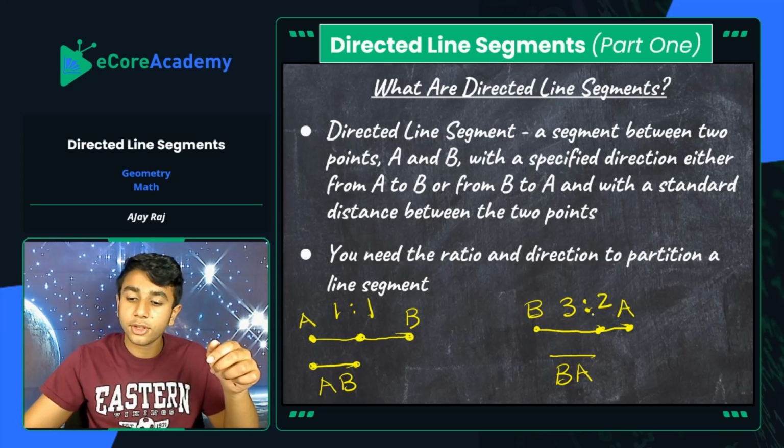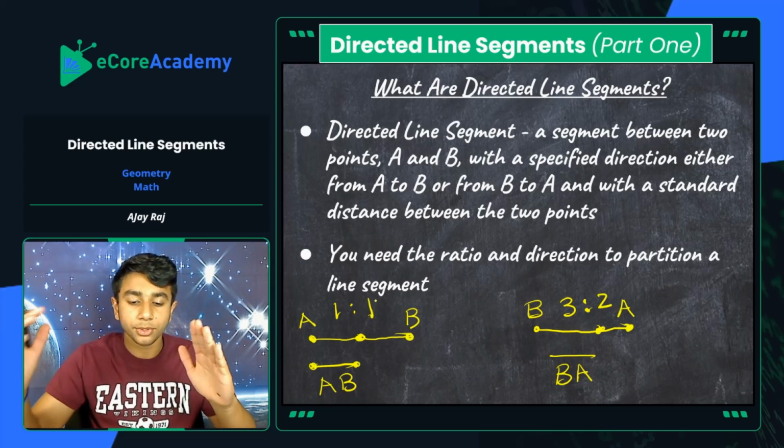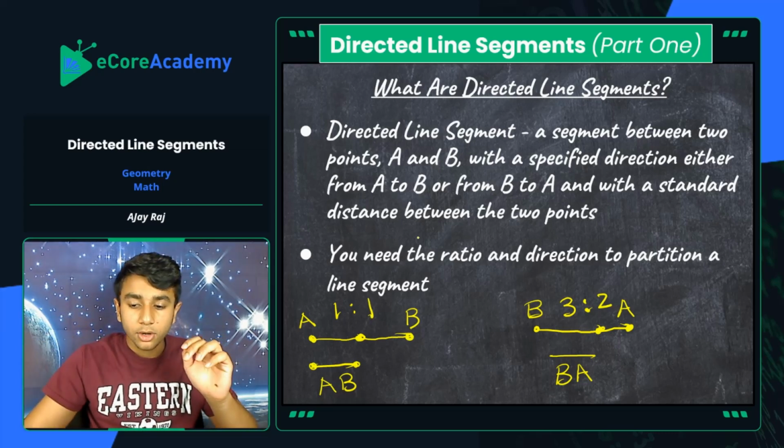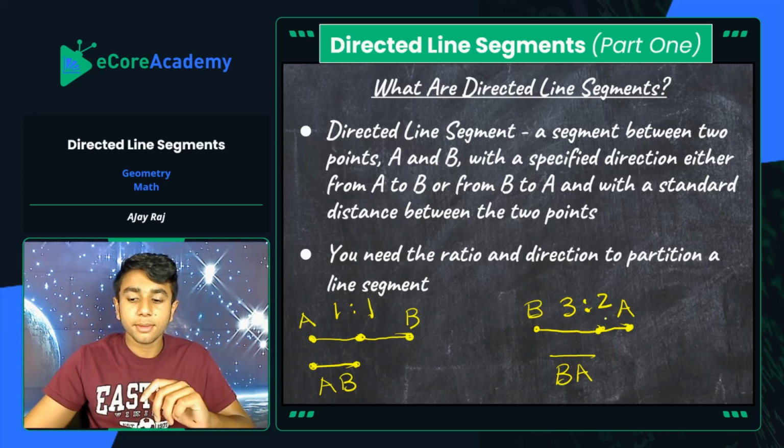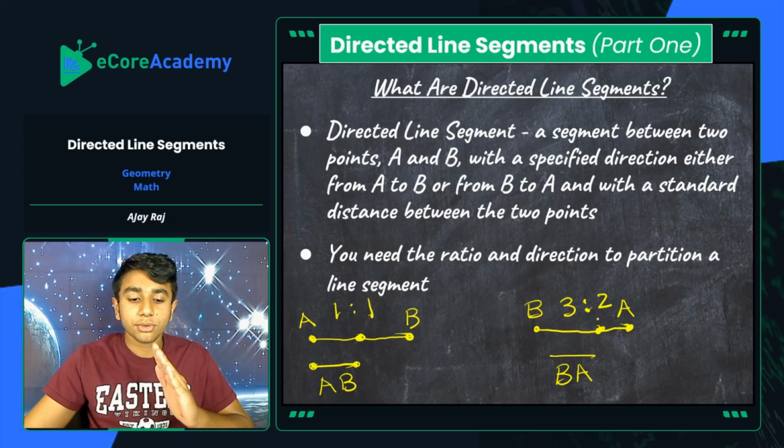If you have a 1-to-1 ratio, you're splitting the line into 2 different parts. Likewise, if you have a 3 to 2 ratio, you must be splitting the line segment into 5 equal segments, in which 3 of those segments are from B to whatever point you've marked off, and the other part is from A to that point.